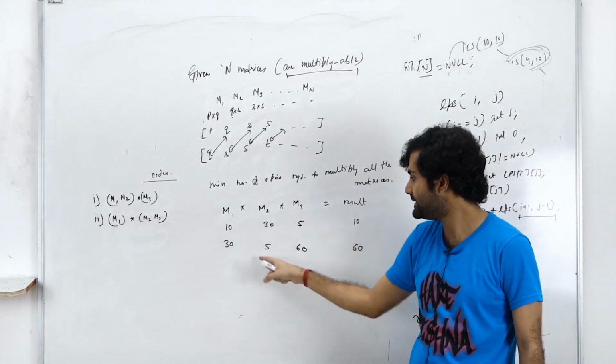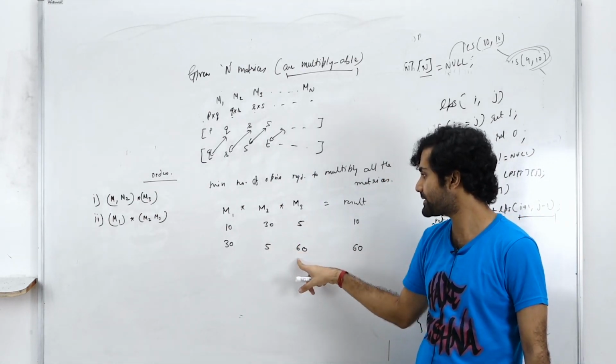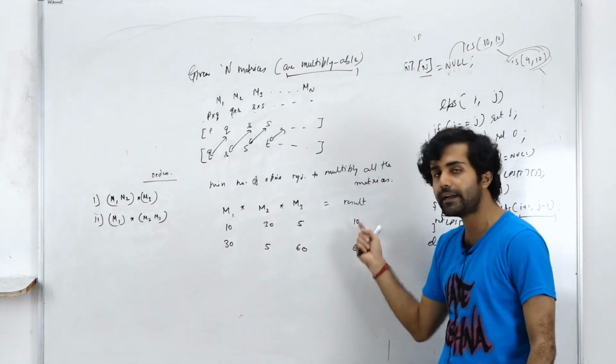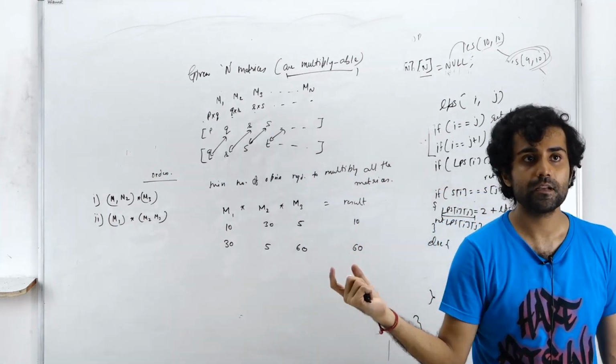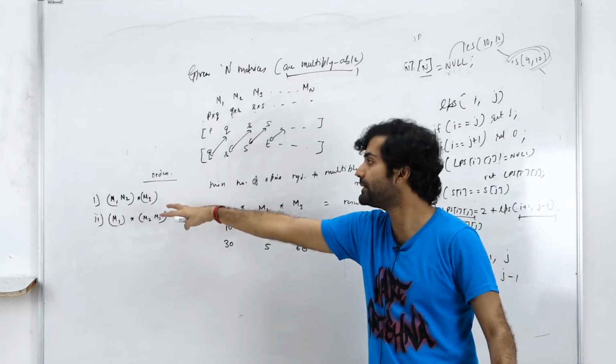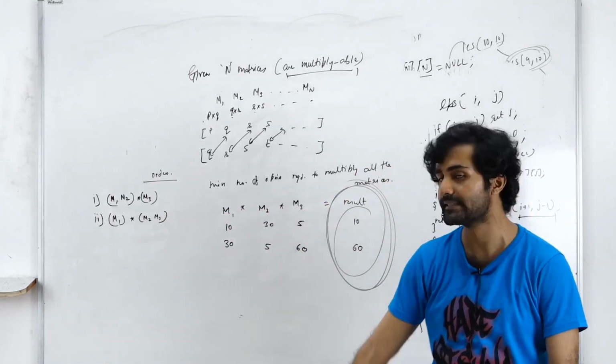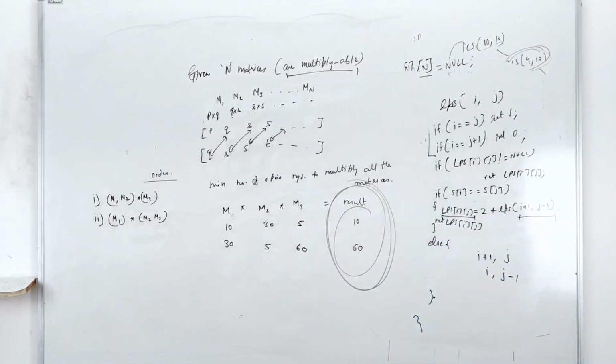Even if you multiply these two first, you will get a 30 cross 60 matrix, and when you multiply a 30 cross 60 with 10 cross 30, you will get 10 cross 60, right? So the order of multiplication doesn't matter as far as the result is concerned. Result will always be the same. Is that absolutely clear to all? Yes or no? Okay.